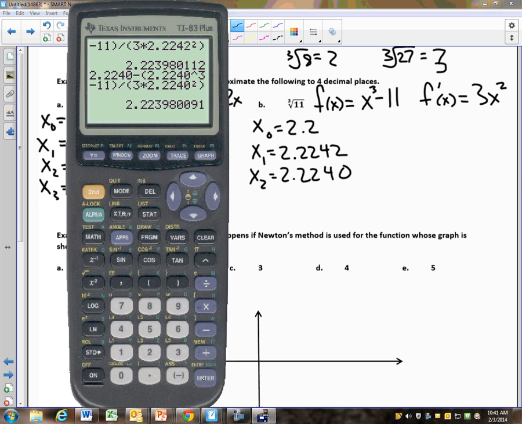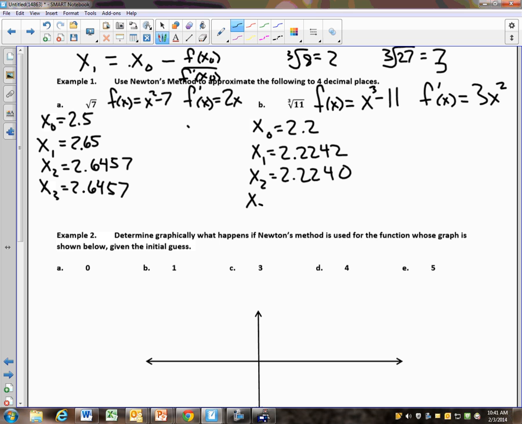That's what we got last time, wasn't it? 2.2239. Yep. So last time I rounded to 4 places and we had 2.2239. It stayed 2.2239 again, so we're good.